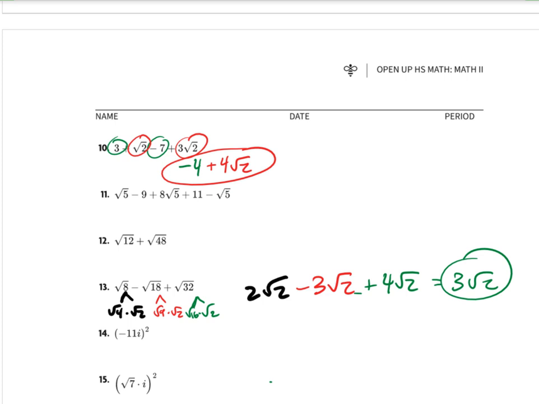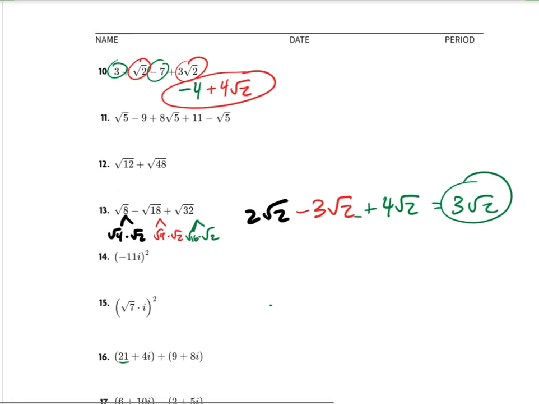Okay, so that takes us through 13, and on to 15. Okay, so here we get our first look at an imaginary number. We get root 7i squared. All right, so same thing that we would do normally, root 7i squared. Root 7 squared is 7. i squared is i squared.